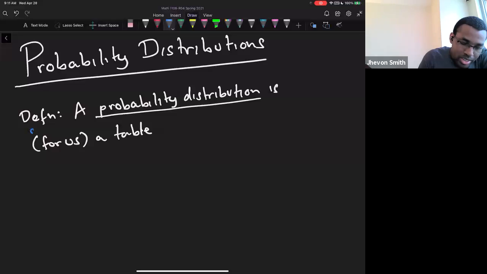Really, you can think of it as a function as well, that basically connects the output of a random variable to some probability. For us, it's a table.